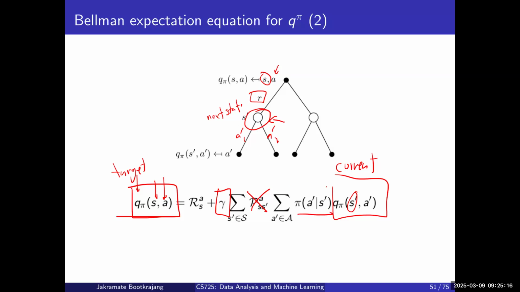The policy matters when you don't know which action to take, but because we already have this action, this will become 1 for the action that we pick. Let me change the color. So this equation becomes the reward plus gamma times the future reward. So this equation will be only 3 parts.